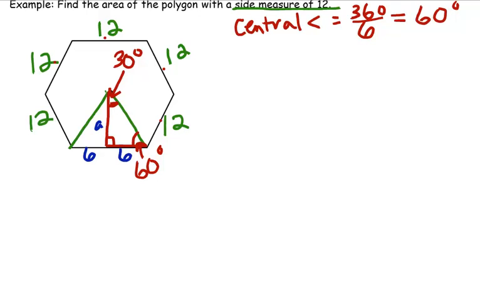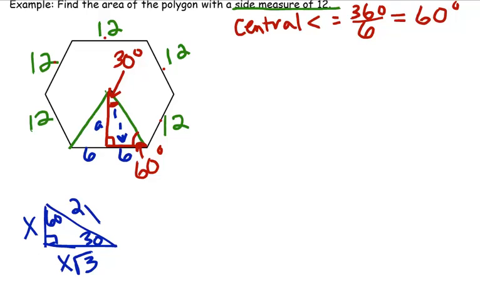So let's look at across from the 30 is my x. Remember how we label, and let me just draw one. If this is the 30 and this is 60, across from the 30 is the x, the smallest side. Across from 60 is the x square root 3 side, and the hypotenuse is 2x.